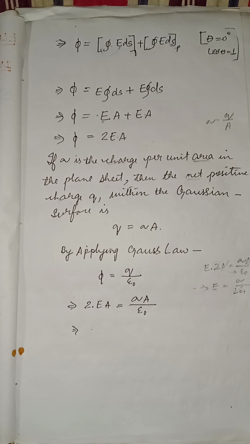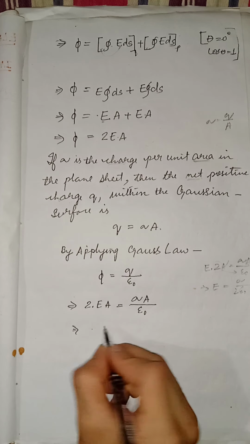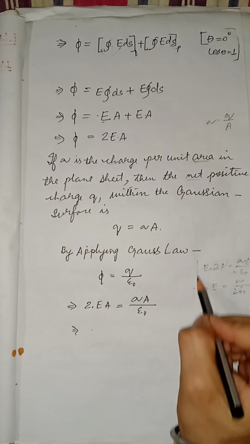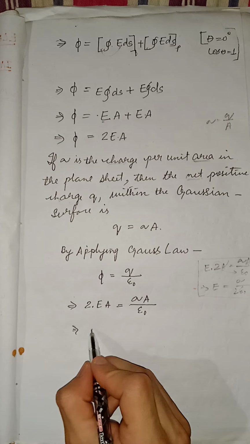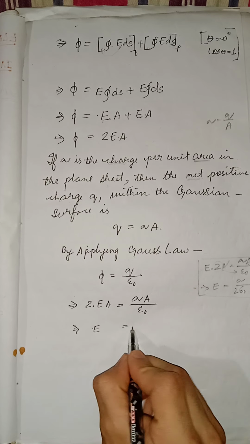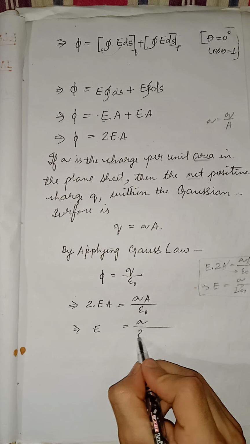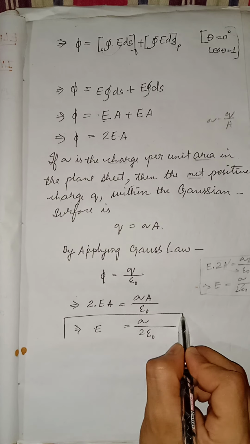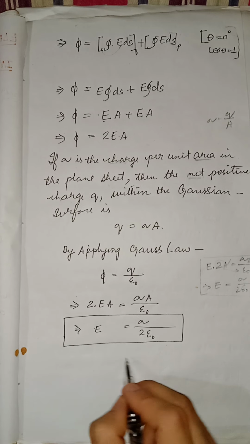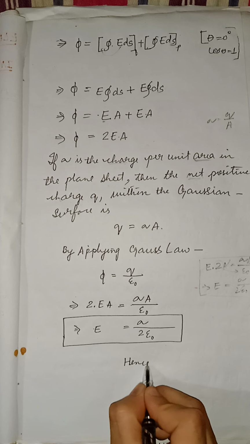This is the required expression. This is the rough work you need to note down. So the electric field is equal to sigma by twice epsilon naught. This is the required expression we needed to prove in this derivation, hence derived.